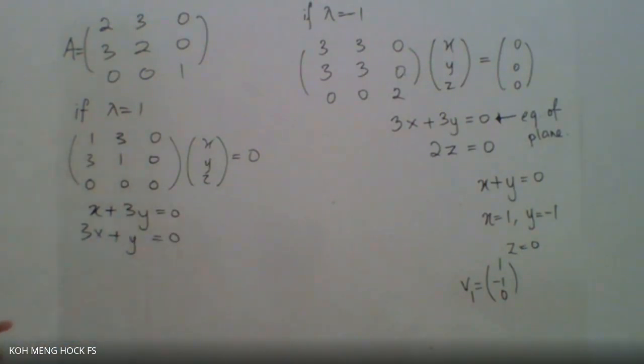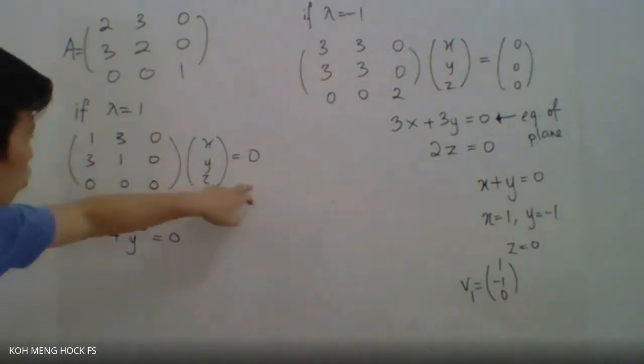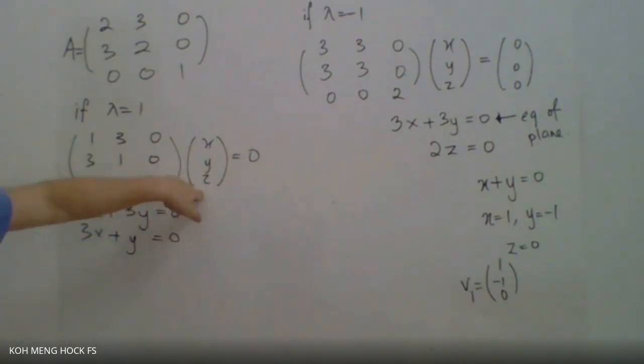Again you have rank 2 but 3 unknowns. So here 0, 0, 0 times z equals to 0, so z is not necessarily equal to 0. Z can have any value.